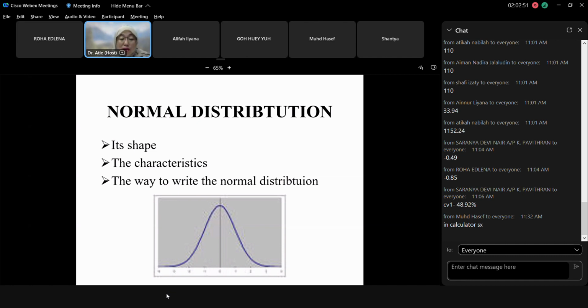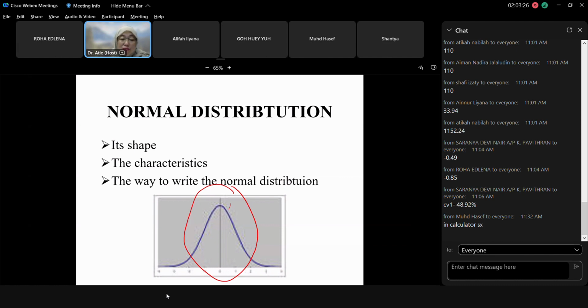So this is what we call bell shape, bentuk loceng. And then most of the area under the curve falls in the middle. So if you can see at this middle, most of the data is actually located in the middle of the data set, right? And then the normal curve is symmetrical. The area under the curve is equivalent to the probability.